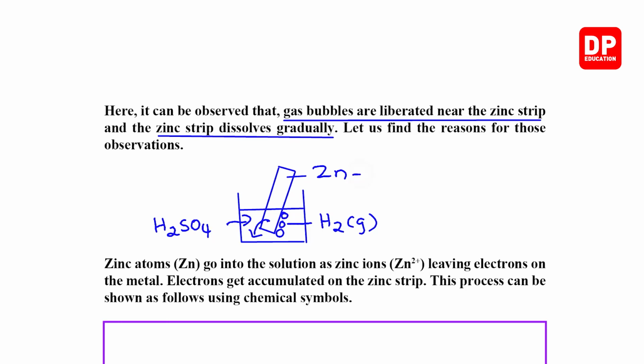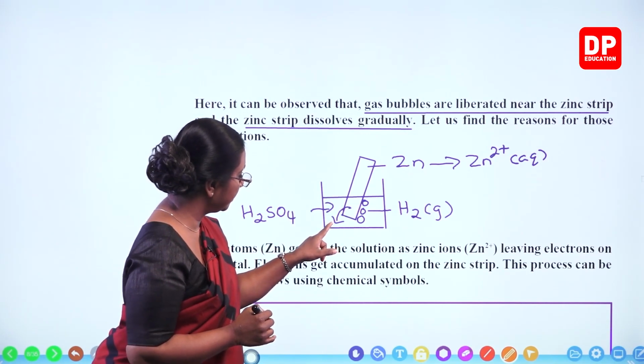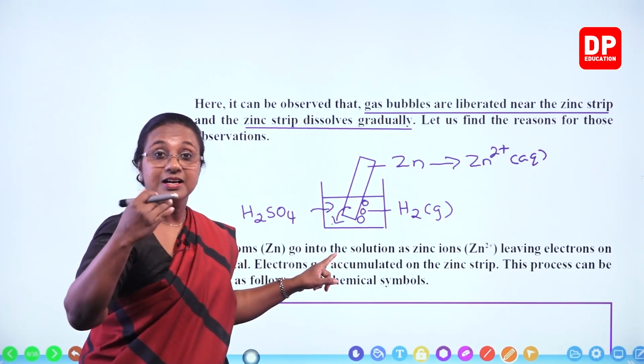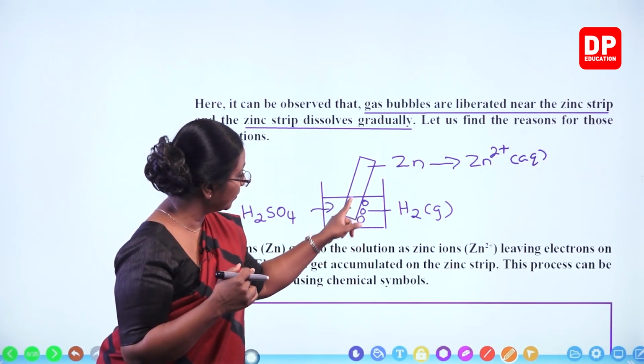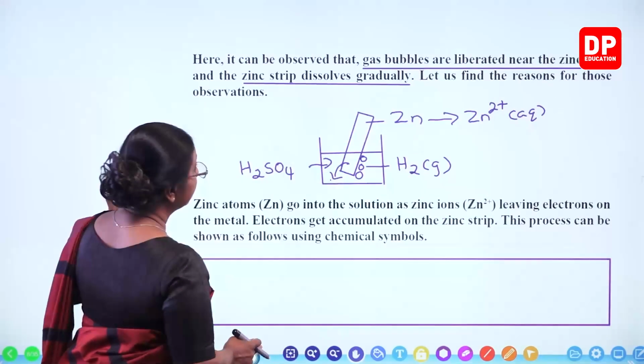So zinc becomes zinc 2 plus aqueous. All those were the observations. You were able to see the zinc dissolving and going into the solution. Although you didn't see the zinc going, you were able to see the zinc metal dissolving, and you were able to see the hydrogen gas bubbles. So how did that happen?